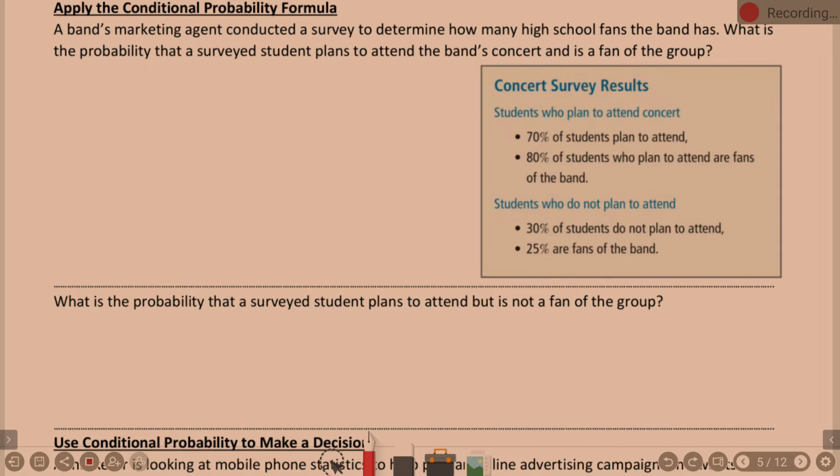This is broken into 2 groups here. 70% of these students that plan to attend, 80% are fans here. So we want to know the ones that attend, what probability that the surveyed students plan to attend the band and are a fan. So 10% of the 100%, yes, 10% are fans, but they're not going.